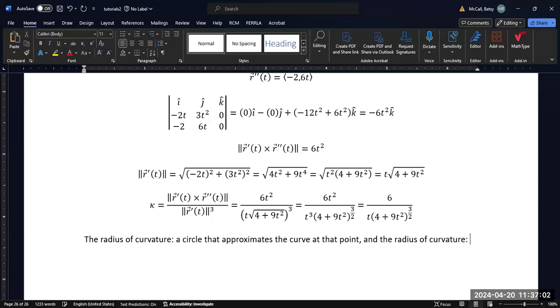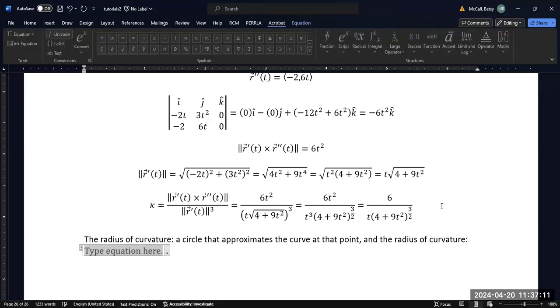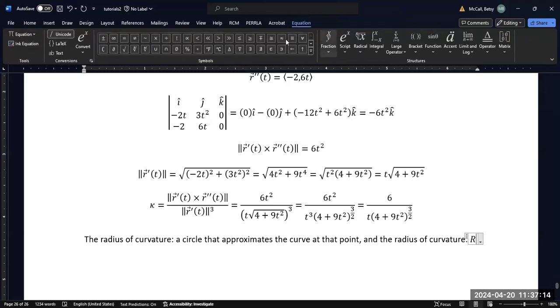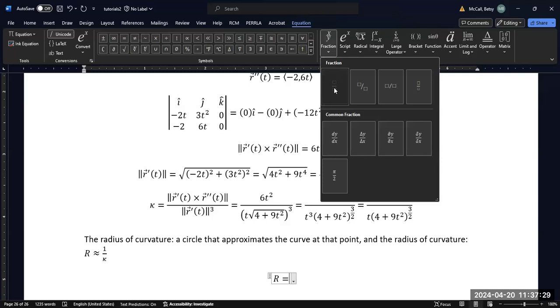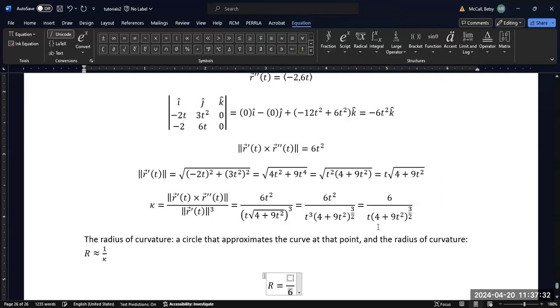So now instead of approximating a curve with a straight line, we're approximating with a circle. And the radius of curvature is approximately 1 over the curvature. So in this case, we would say that the radius of curvature is, again, the reciprocal of our curvature.